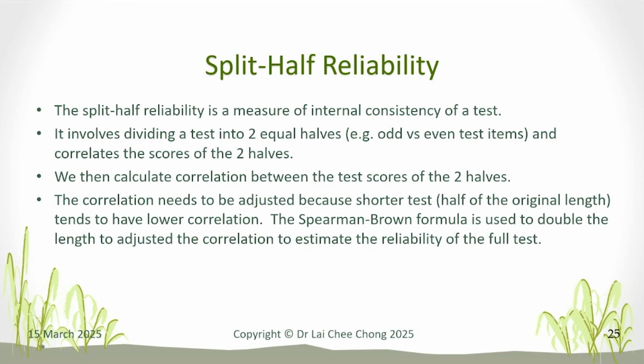To adjust it, we double the length there, in order to estimate now the reliability of the whole test. Don't forget, we're not talking about the reliability of the half test, we're talking about the full test, the whole test paper there. So that's how we use this Spearman-Brown formula to adjust the correlation to estimate the reliability of the full test. You got it? Now, how do we do it?